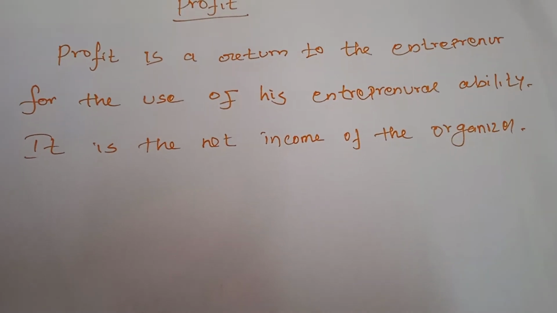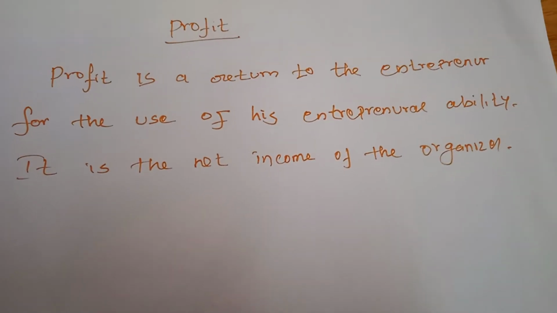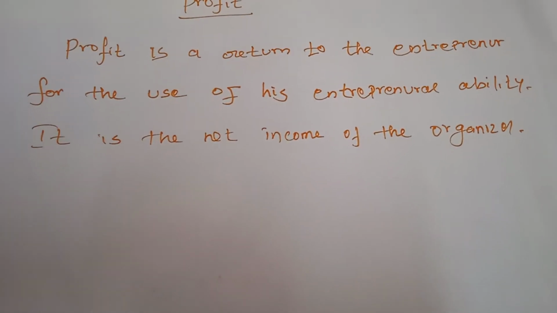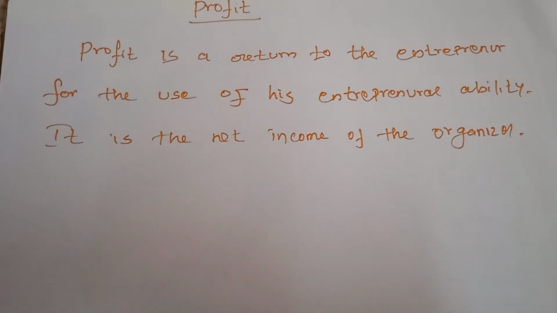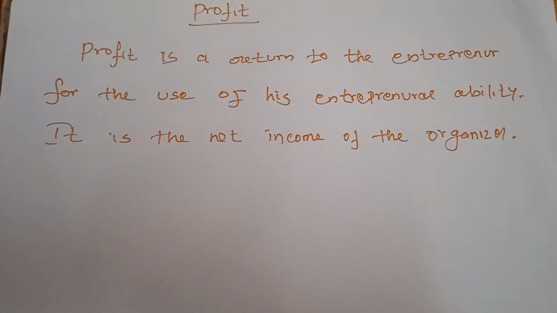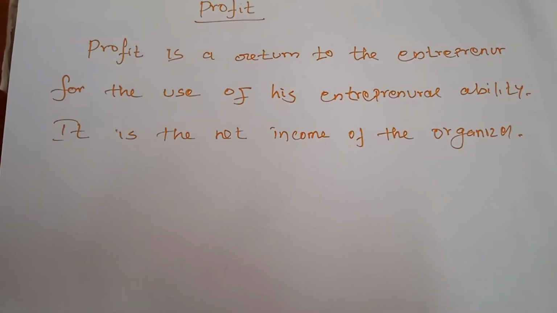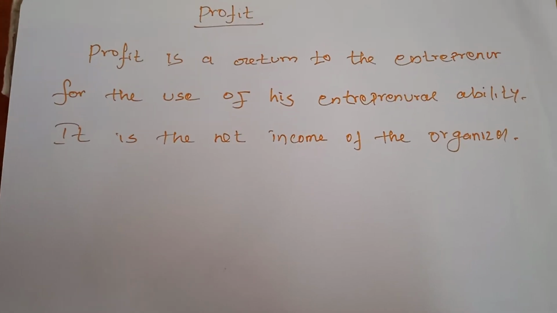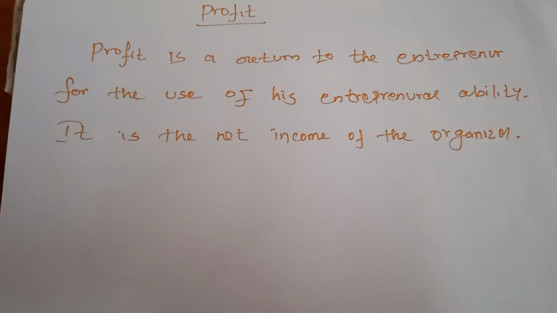This own reward is called profit. In other words, profit is the amount left with the entrepreneur after payment is made for all other factors used by him in the production process.